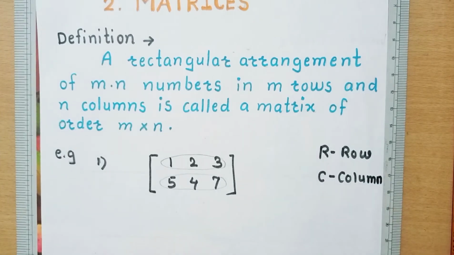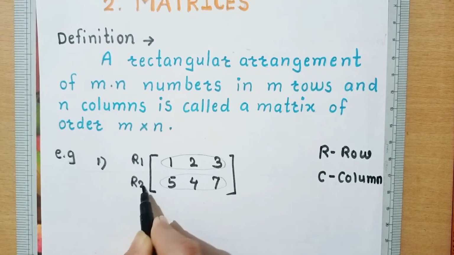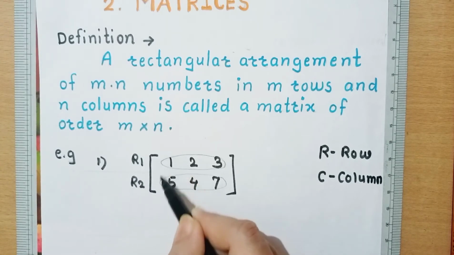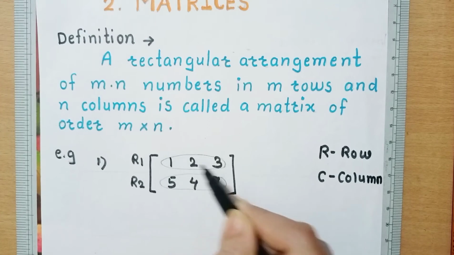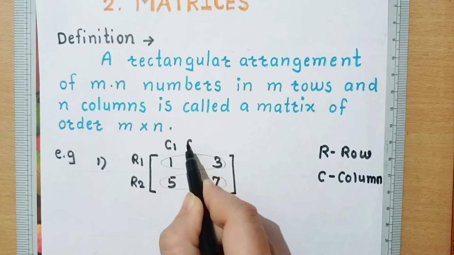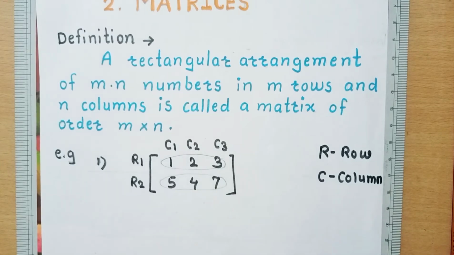So here we can observe there are two rows. This is the first row and this is the second row. And columns means there are three vertical lines. This is first, this is second, this is third one. So for the first one C1, second C2 and this is C3.